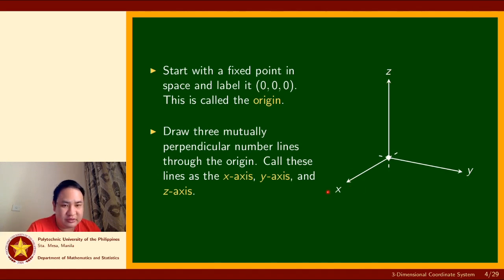So, if this is the positive direction of x, the other direction should be the negative direction. We then label the points in the line as usual, as they are real number lines. This is the coordinate 1 in the x-axis, this is the coordinate 2 in the y-axis, this is the coordinate 3 in the z-axis.